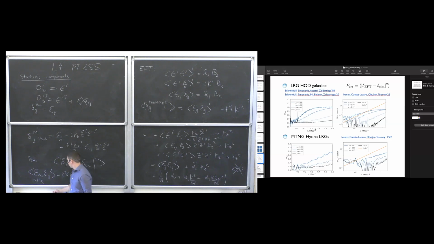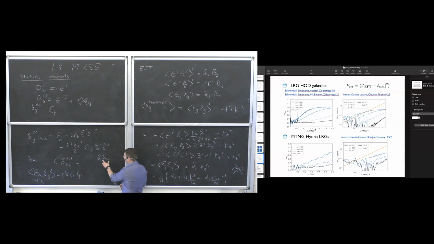Oh, I mean, in the galaxy power spectrum, you have the galaxy field, right? I mean, you have delta galaxy. So you're saying we have, for instance, b1 times delta matter, and delta matter has stochasticity in it.